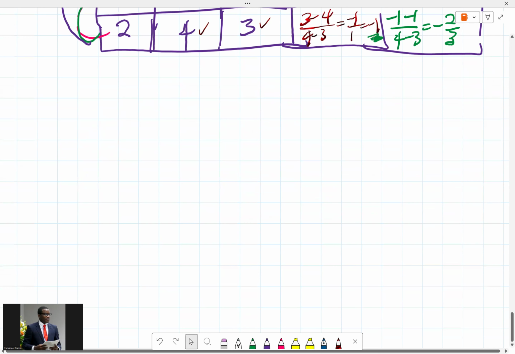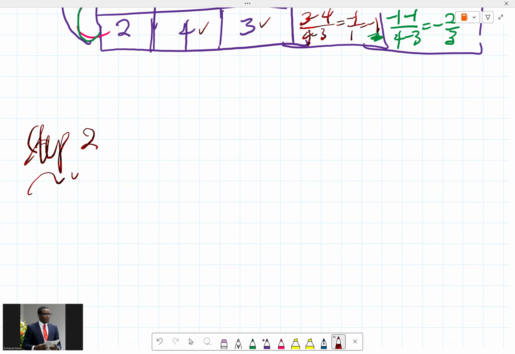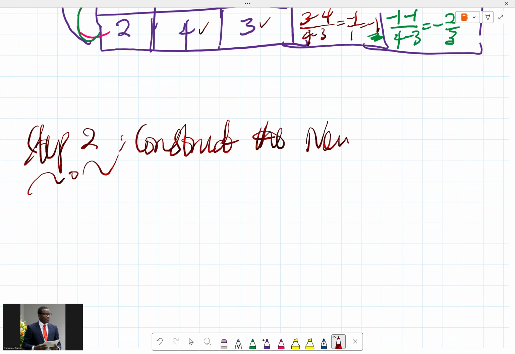The next thing we want to do, step two, is to substitute and construct the Newton polynomial.